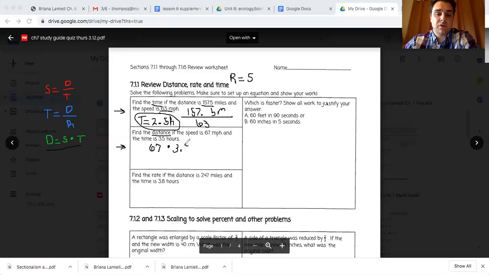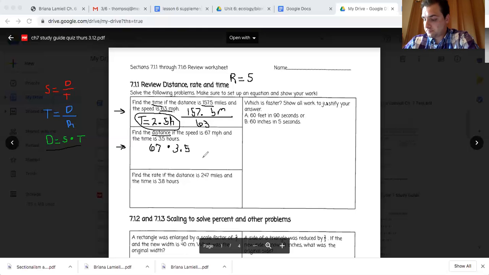Now, I know I'm not doing long multiplication here. You have a calculator at home or your phone at home. I don't expect you guys to work these out other than using your calculator or your phone. So just take your phone and multiply 67 times 3.5.